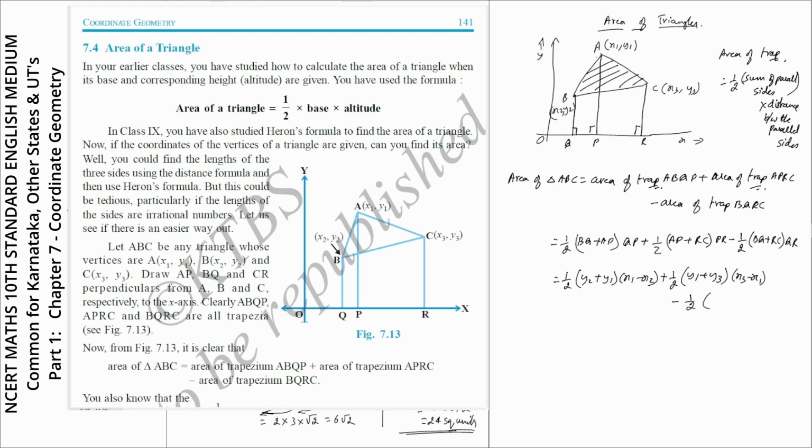BQ is nothing but y2 and RC is nothing but y3, into, now what is QR? QR is nothing but x3 minus x2. Now you open the bracket, so this is equal to half into, now multiply y2 plus y1 into x1 minus x2.